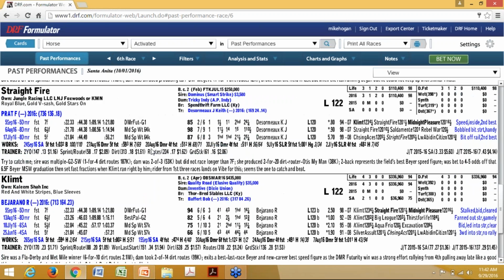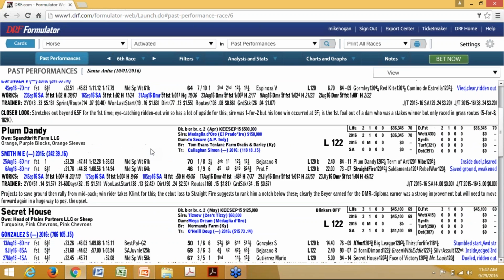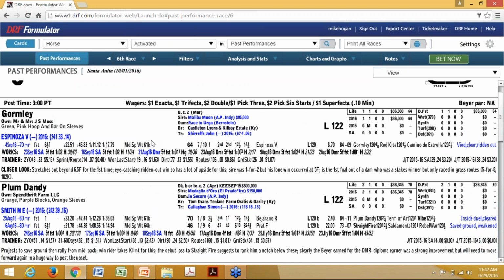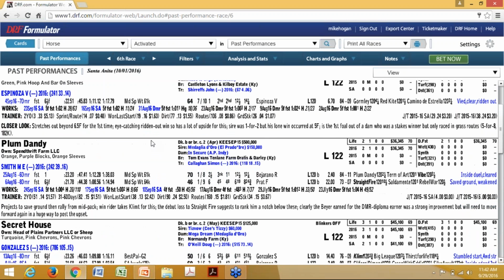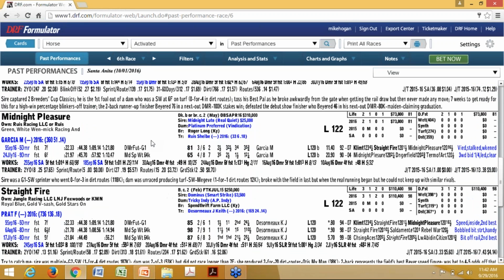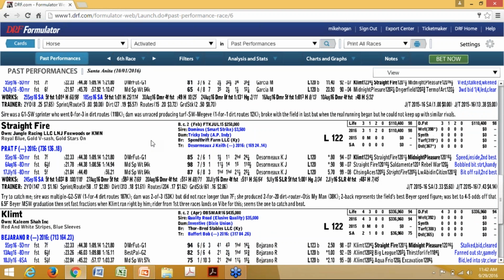And while some of them have good, proven numbers, a lot of them are going one turn. So what you want to look at is how the trainers are. This is very tough for a trainer, stretching a baby out for the first time. It's a lot to ask because it actually incorporates some real training other than just putting the horse out on the track. We're going to go to the number of what will be the number 5, Straight Fire right there.